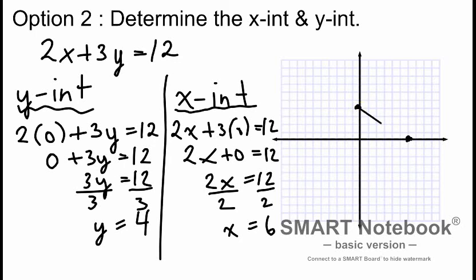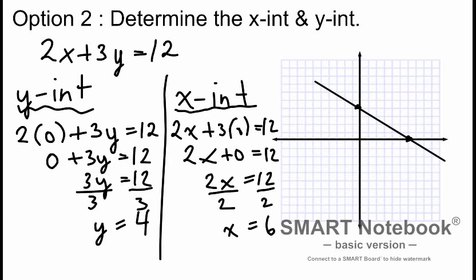Make a line. Ah, that's what I'm talking about. And there's no need to just leave it as a little line segment. I can certainly extend this line beyond just the x-intercept and y-intercept. So it's a nice, much longer looking line. So there it is. There's a line 2x plus 3y equals 12.